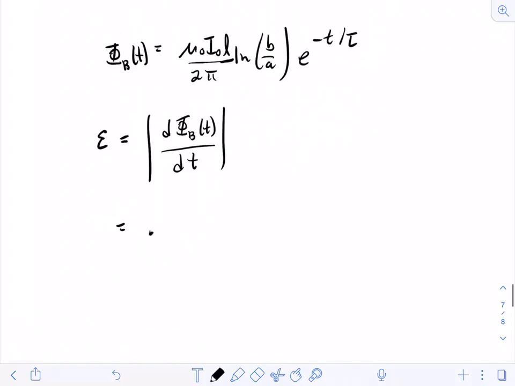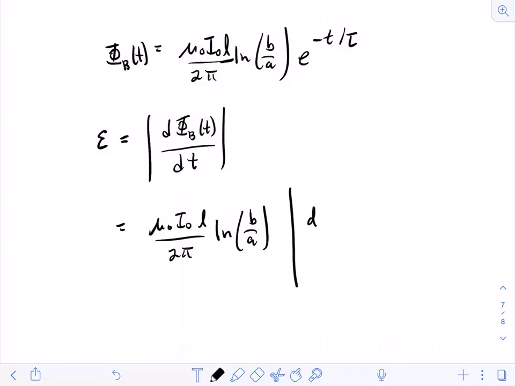So we have a bunch of constants, mu naught, I naught, L over 2 pi, ln B over A, and then we have our time derivative, and our function of time is this exponential decay.